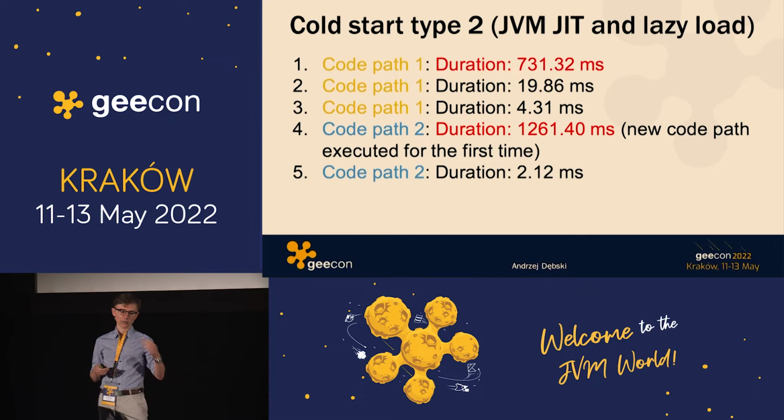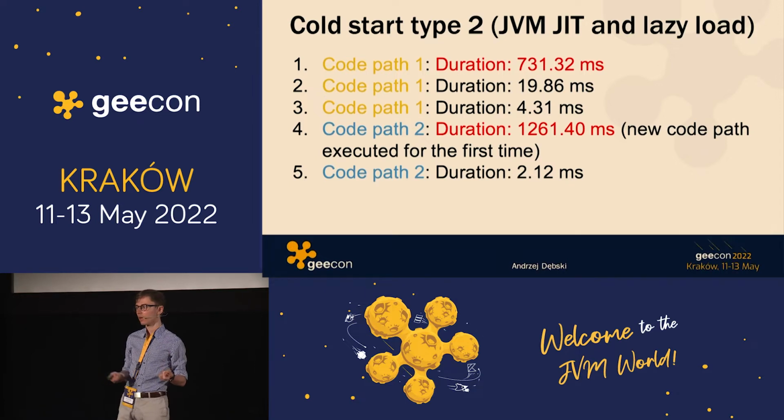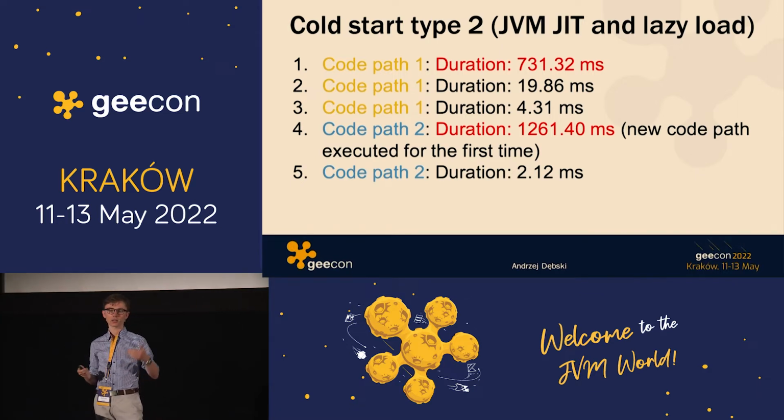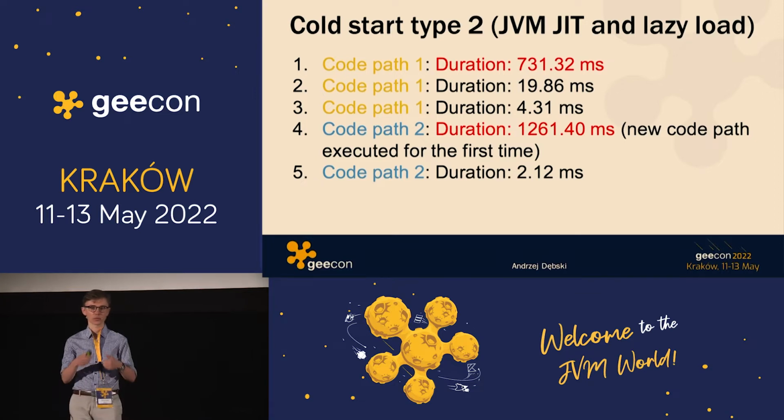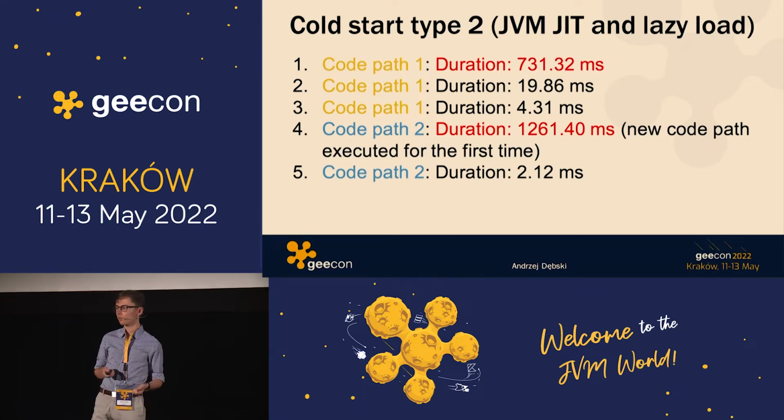Now, I did a request that ended up in the second code path. And the duration goes above 1 second because the JVM had to load a different set of classes, because now we are not using Apache, we are using Jackson to parse the JSON, and Jackson wasn't used in that Lambda instance before.